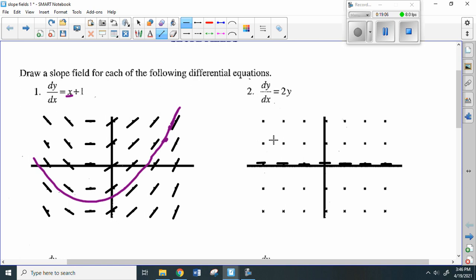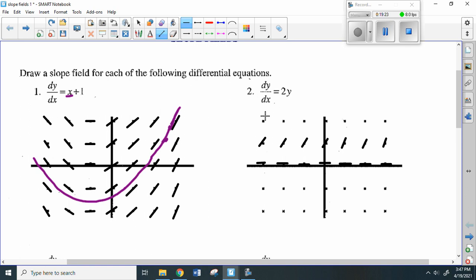When y equals 1, 2 times 1 is 2, so I need a fairly steep slope, but not so steep that I can't make it any steeper, and also not quite 45 degrees. You need to try to make them as parallel as possible.